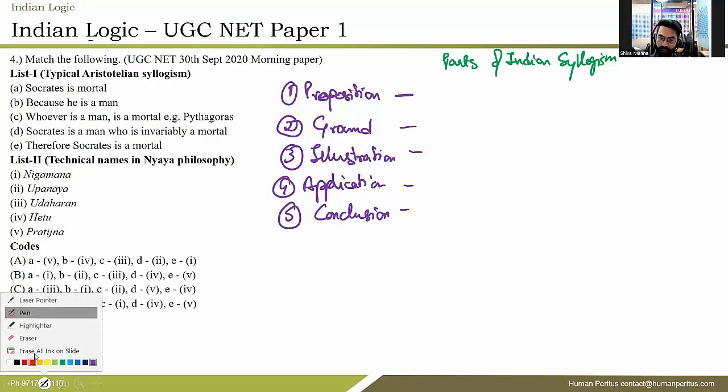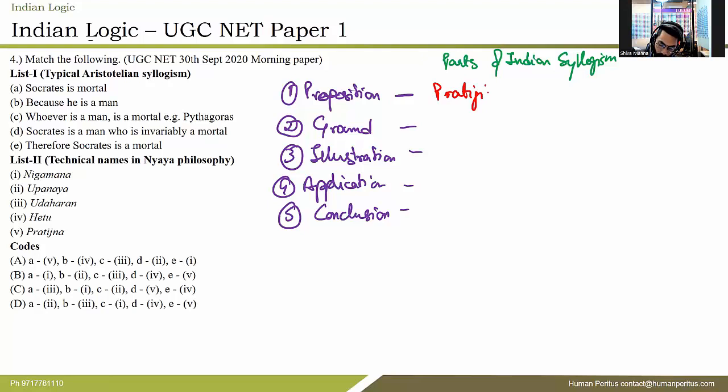So proposition is called pratijna. Ground is known as hetu. Illustration is udaharana. Application is upanaya and conclusion is nigamana.